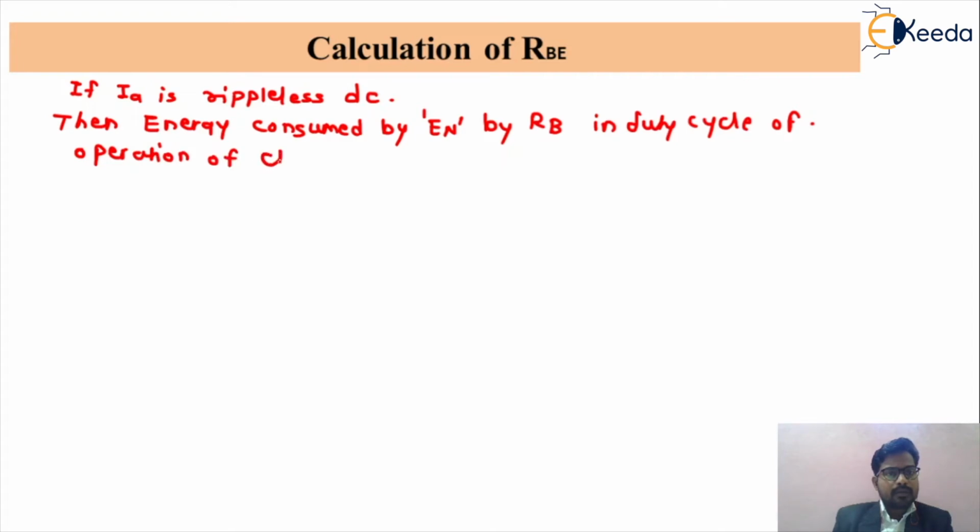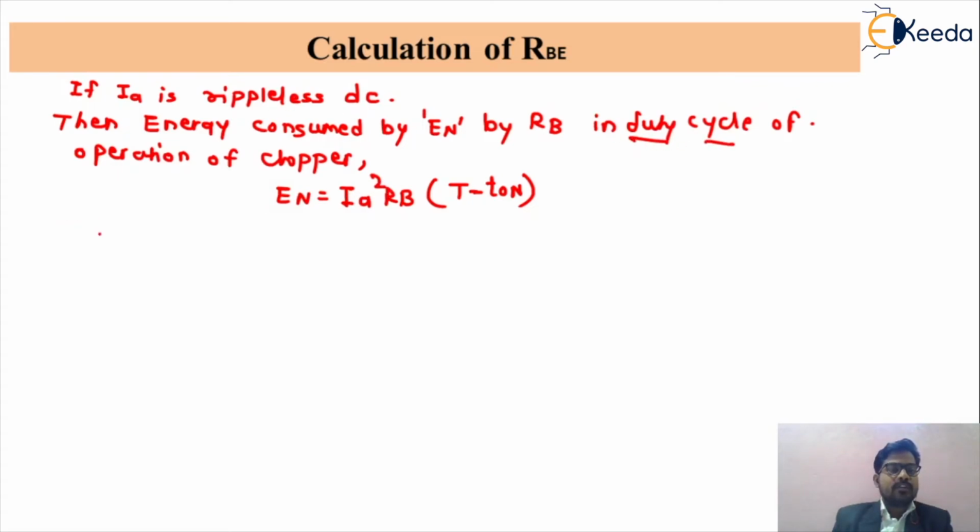According to the fundamental law, the energy consumed is En = Ia square Rb times (T minus T on). What do we mean by T minus T on? It is the duty interval in that particular period.